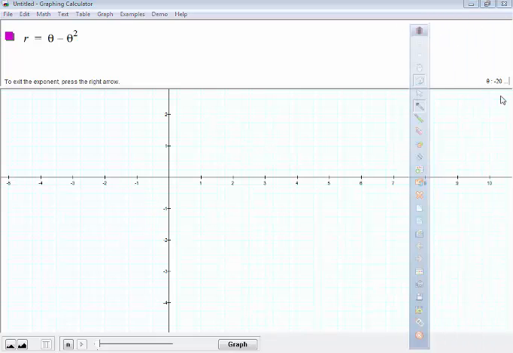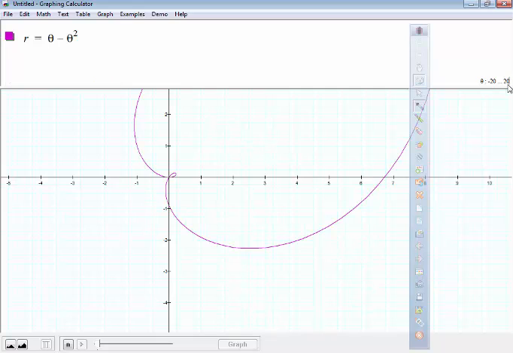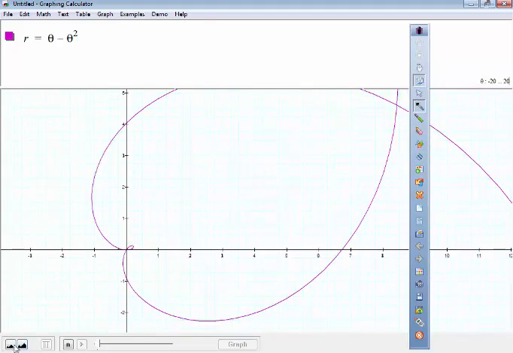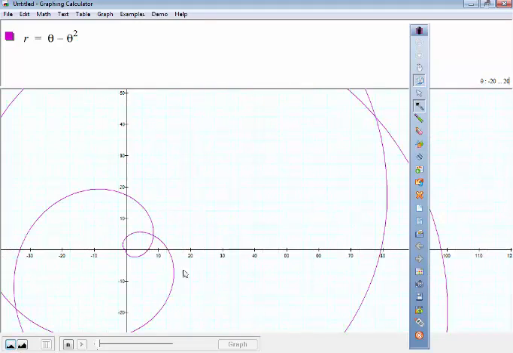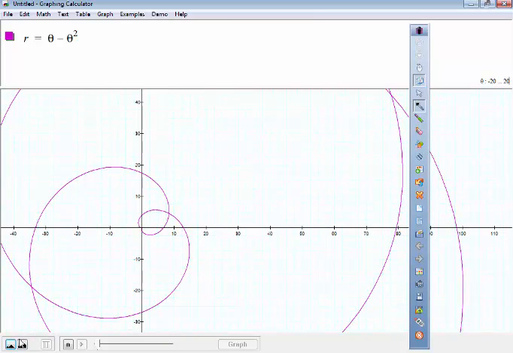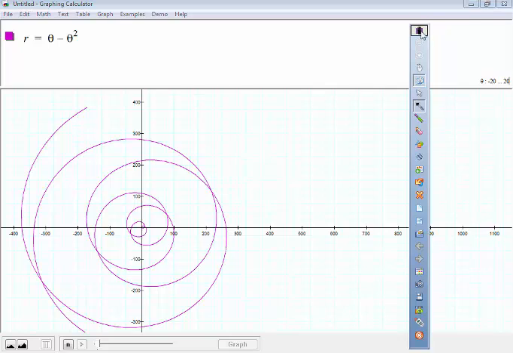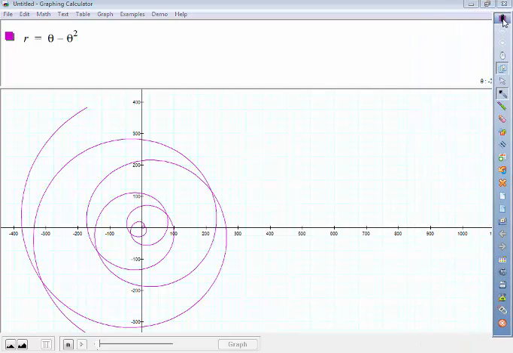Change the limits to minus 20 to 20. You might see a little bit more. No, we don't get to see too much more. I suppose you can think about it as a fractal because it looks like it takes on the same shape over time.